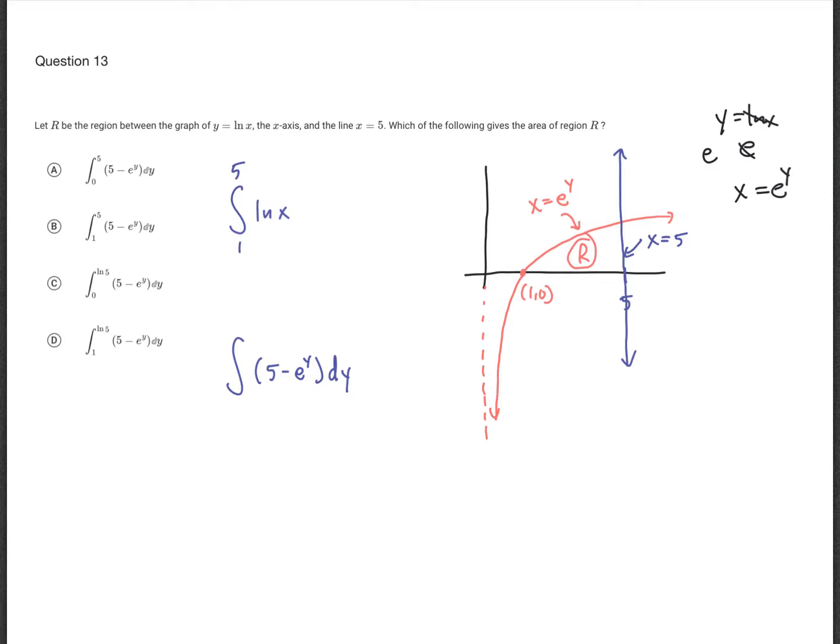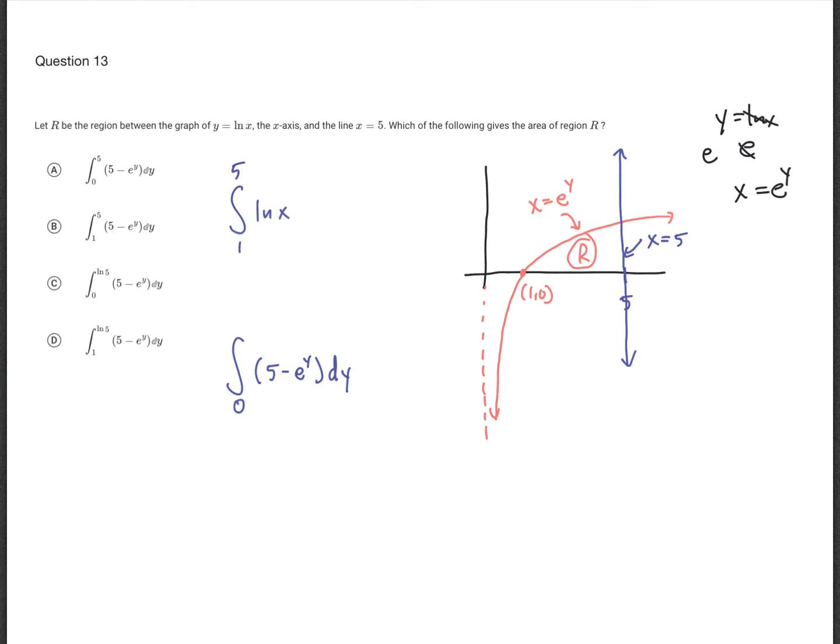So the only thing left is find these limits, but since this is in terms of y, these limits are y values. So just look at this region, the lowest y value is 0, so that'll be our bottom limit. And then the highest y value is whatever the intersection of these two functions is. And we want the y value where they intersect. So you can set these functions equal to each other and solve for y.